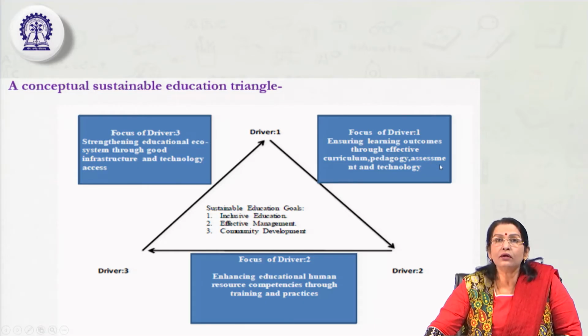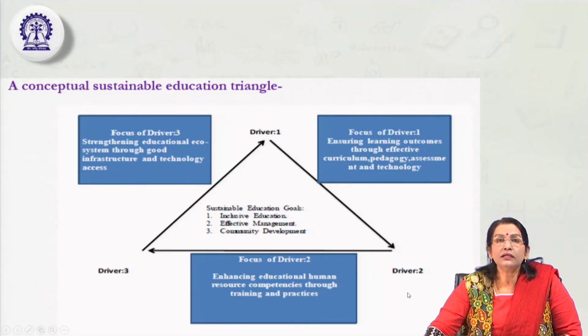Assessment and evaluation: in the online platform, we can assess students' performance and abilities not through pen-paper tests but through other methods, assignments, projects, etc. And technology, how extensively we can use it. Nowadays Google Meet, Zoom, WebEx, all kinds of technology are playing an active role. So these objectives are the focus of driver 1.